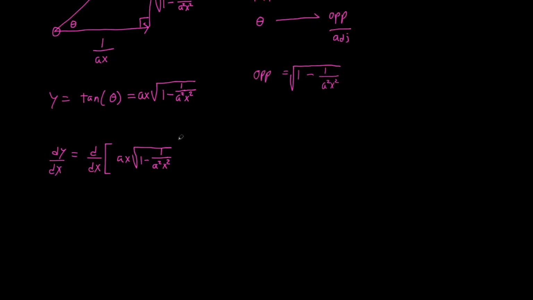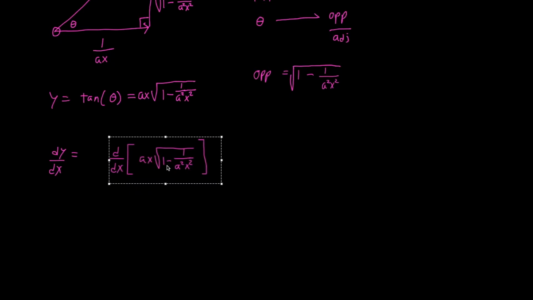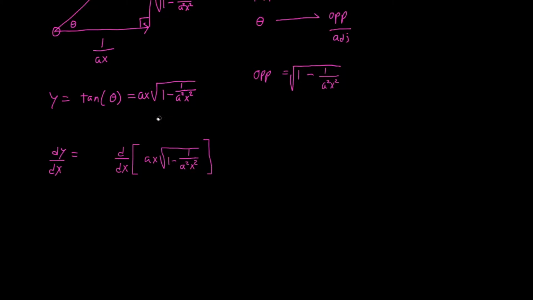And since a is a constant, we can write that out in front. We can draw that out of the derivative that we're taking and multiply it. That's just a scalar value. Clean this up a bit.